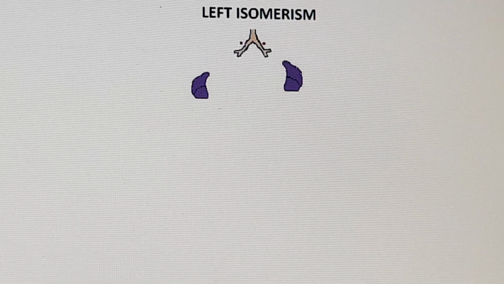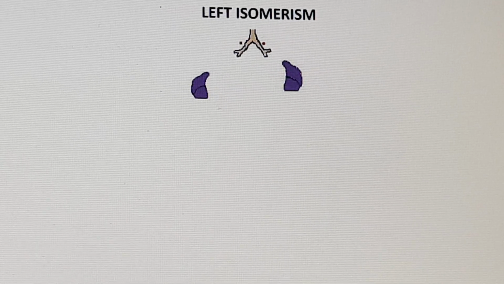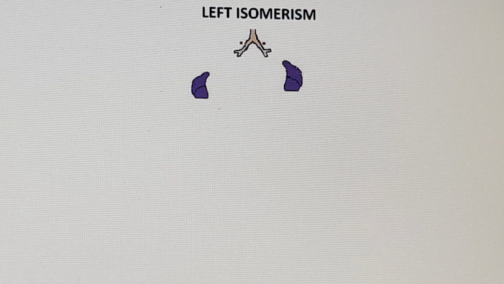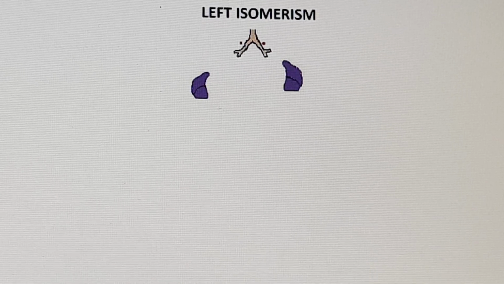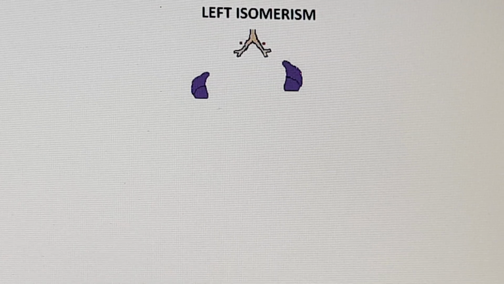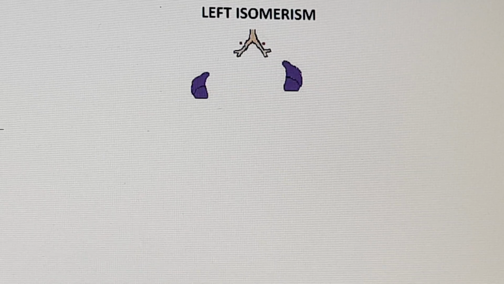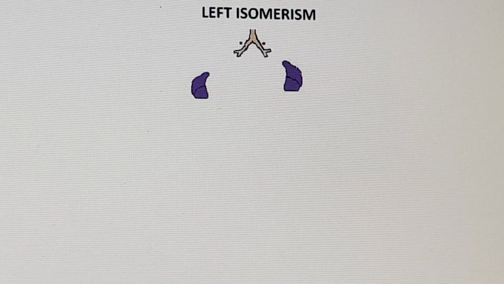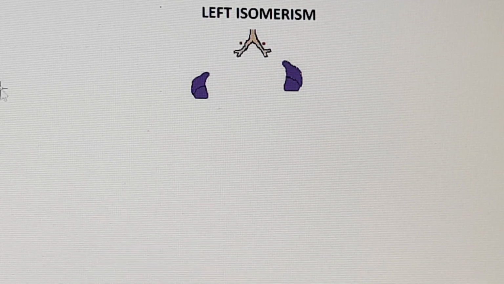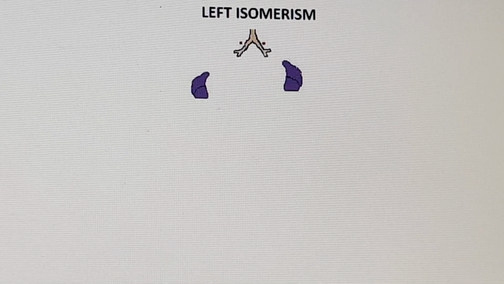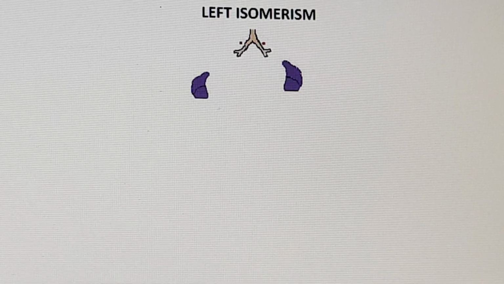Then I will show you what happens to the atria. So in the atria, we have both the atria resembling the left atrium. That is, both the right and left atria will look like the left atrium, which is finger like, and I am going to bring the picture of bilateral left-sidedness.